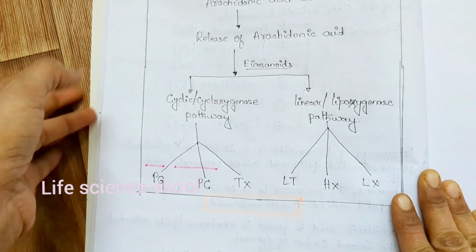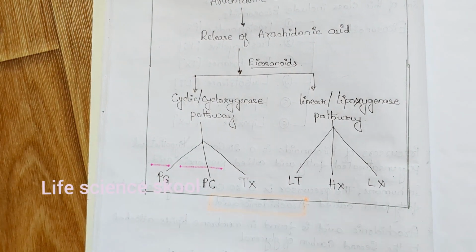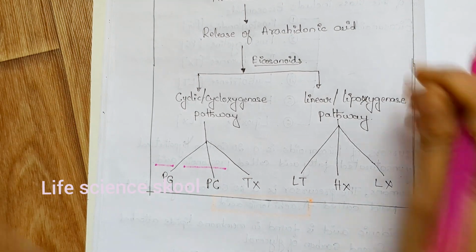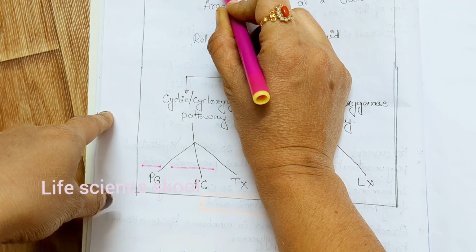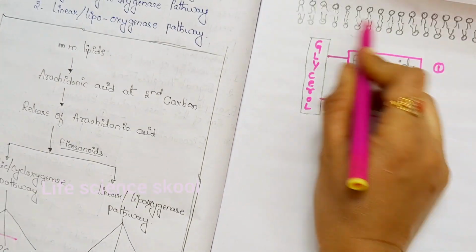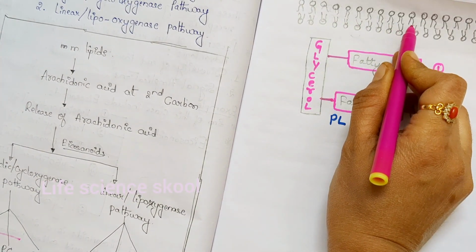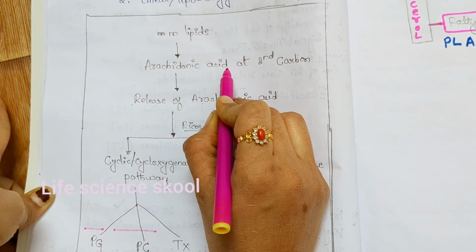To help you understand, I have drawn a chart here. I am hoping this will help you understand very easily. The MM represents membrane lipids. In this membrane lipid, the arachidonic acid is present at the second carbon of the glycerol.